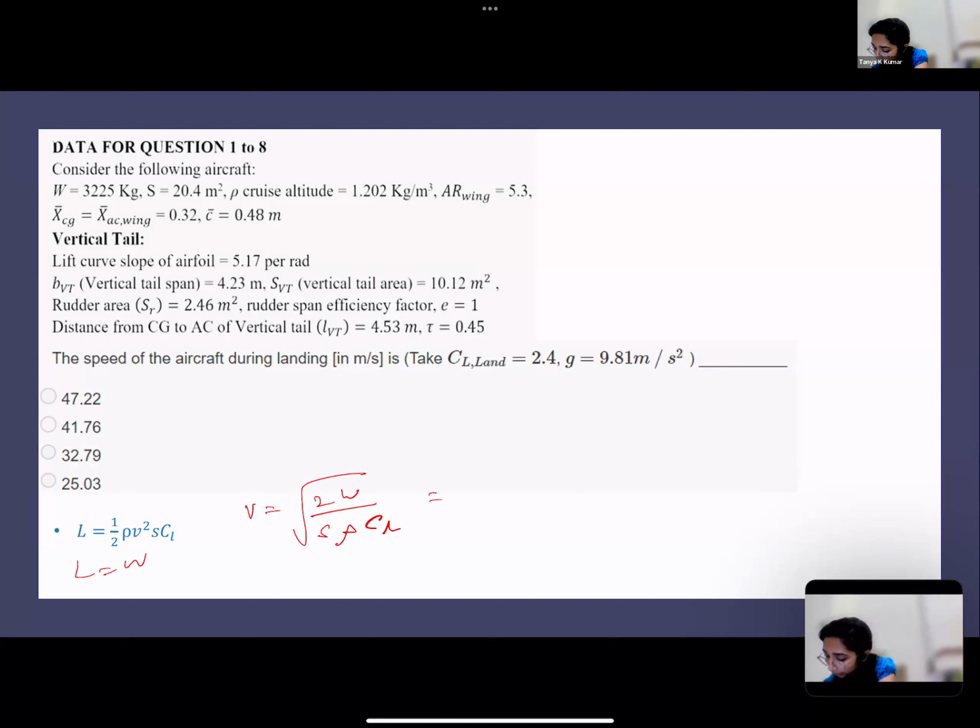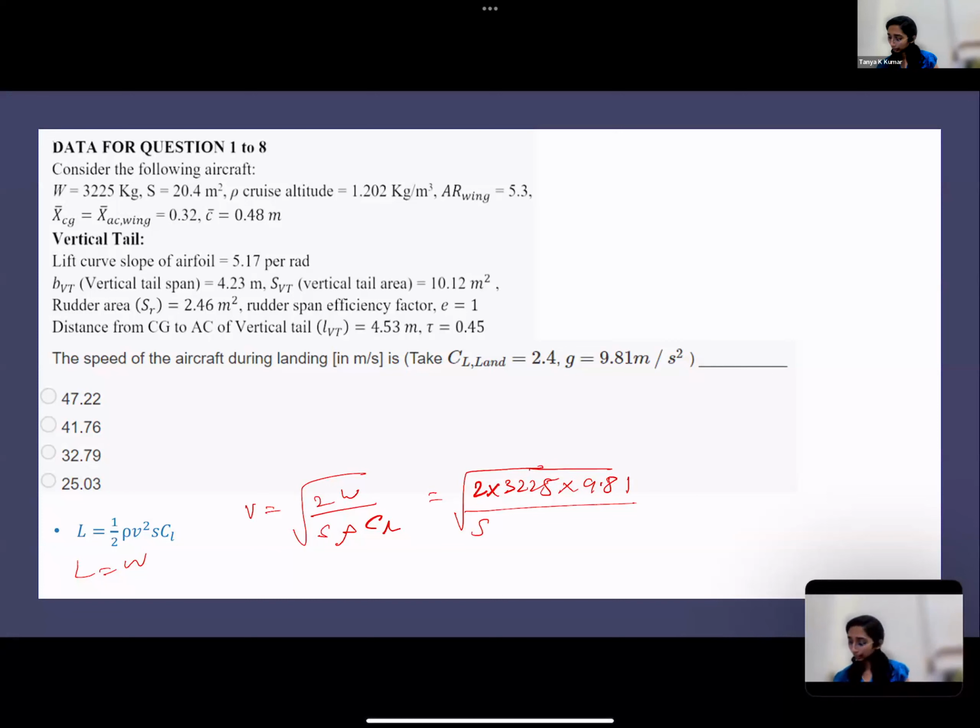Okay, let's do this. How do you do this? 2 into 32,225 into 9.81 divided by. So while landing, you're assuming not the cruise altitude density, okay?